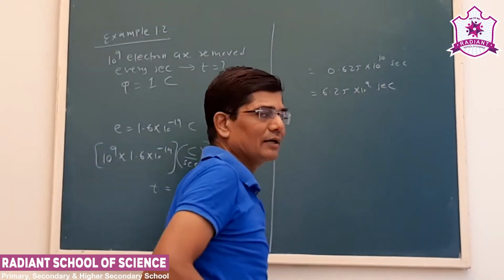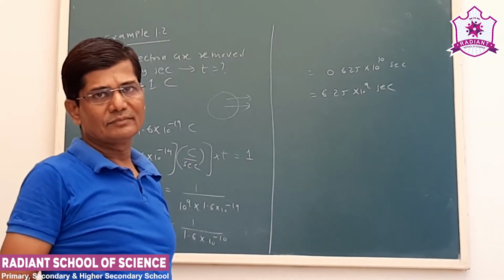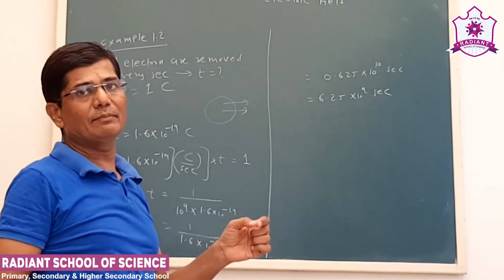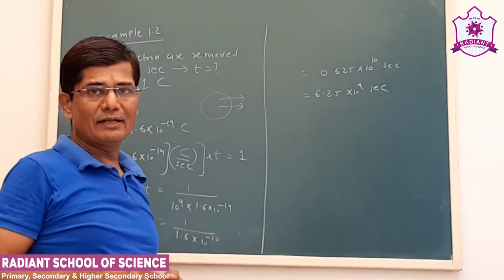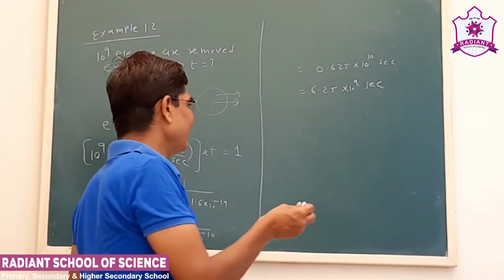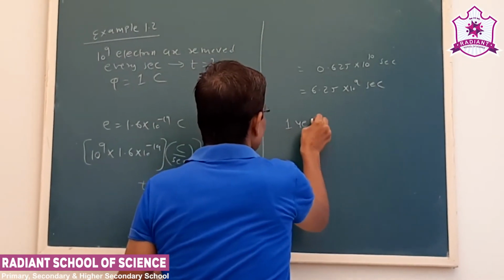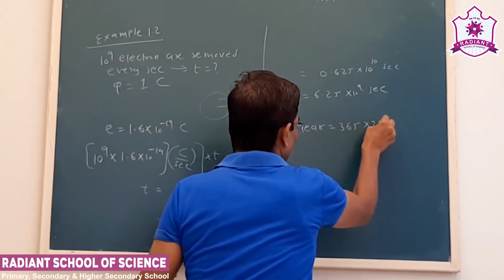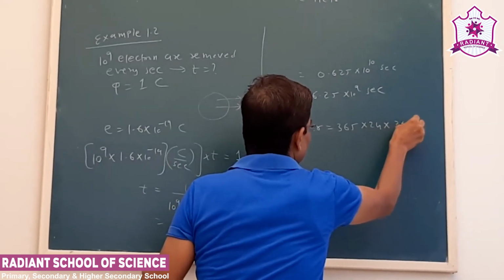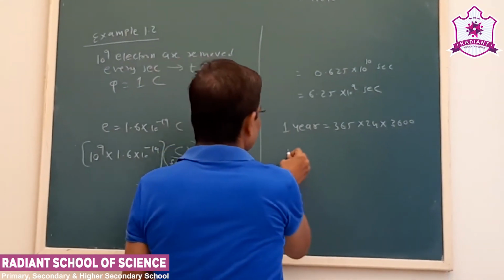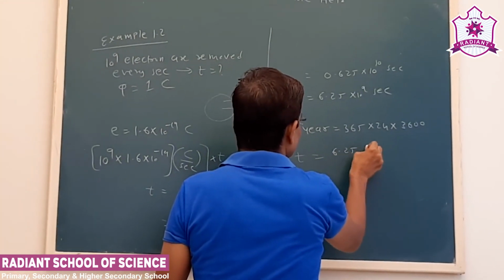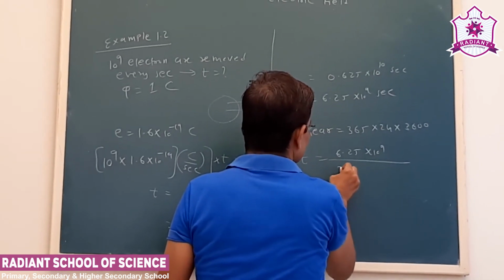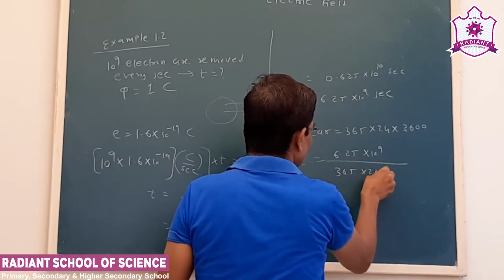This can also be the correct answer if it is asked in an MCQ. But because this is a very large time, the textbook answer is given in years. So we have to know that 1 year is 365 days, 24 hours, and each hour has so many seconds. So we can convert to years: 6.25 into 10 to the 9 upon 365 into 24 and so on.